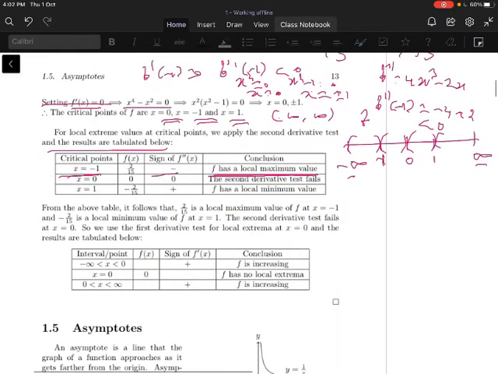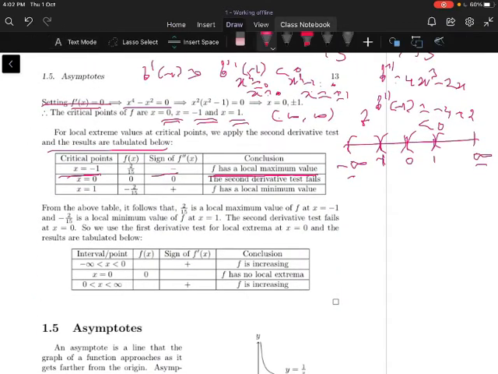So that is equal to 2 by 15. So 2 by 15 is the local maximum value.